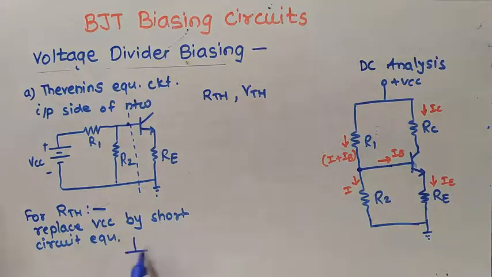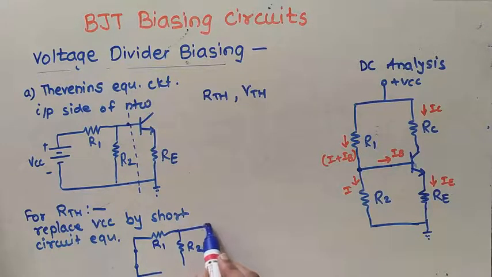By doing that, we get the circuit like this. Here VCC is shorted. Then this is resistor R1 and this one is resistor R2. This point goes towards the base. We are not going to draw the further circuit now, and then we have to observe the resistance through these two points.